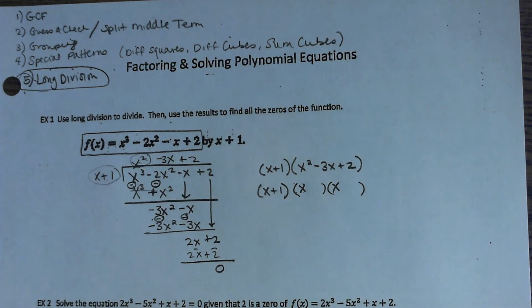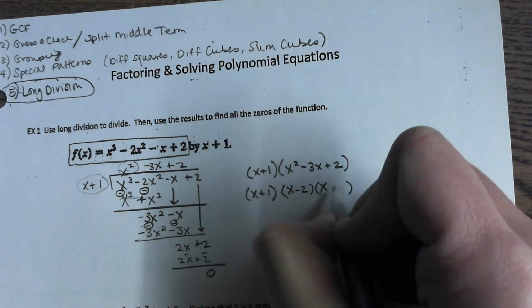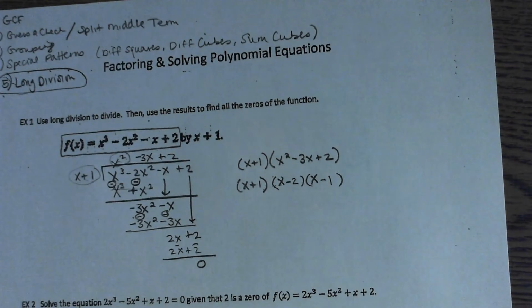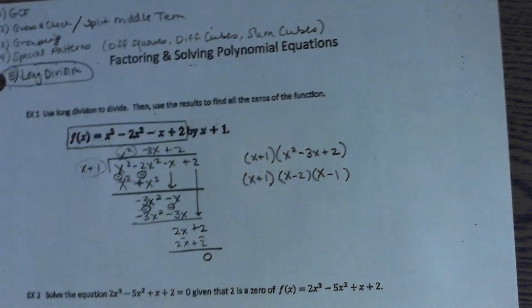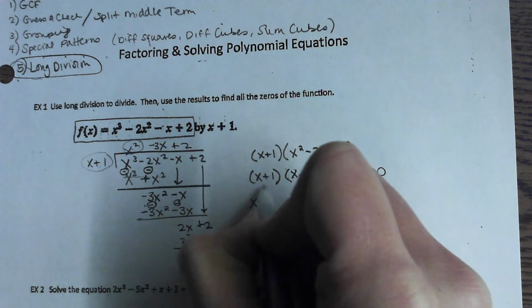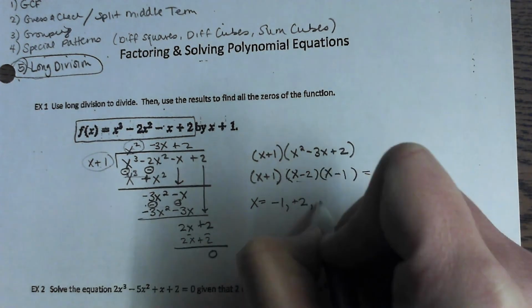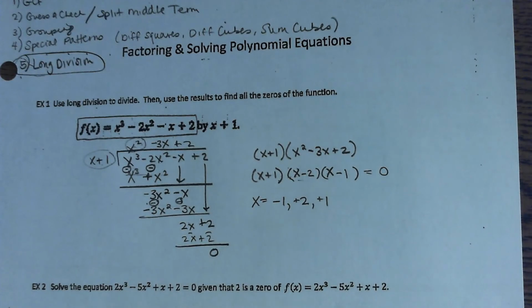And there's only a couple ways to make positive 2, while also on the outer and the inner getting negative 3. So that's going to be a negative 2 times a negative 1. And we're trying to actually find the zeros. So when you tee this up, you get x equals negative 1, positive 2, and a positive 1. So you have 3 zeros.